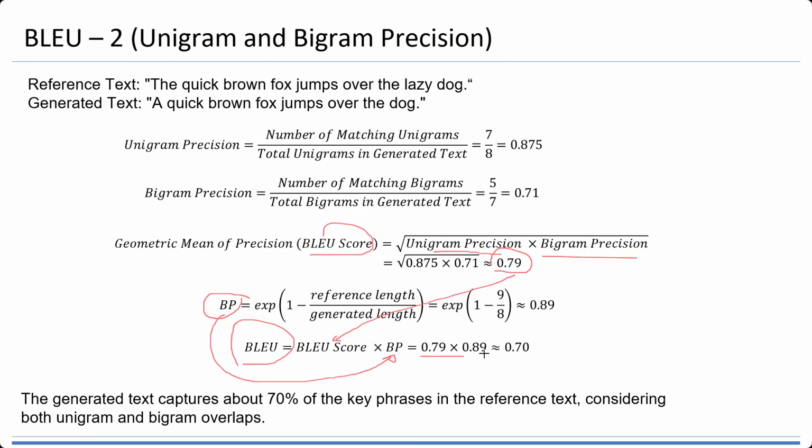Then the final score will be about 0.7. So we can say that the generated text captures about 70% of the key phrases in the reference text, considering both unigram and bigram overlaps. Okay, so this is the BLEU.